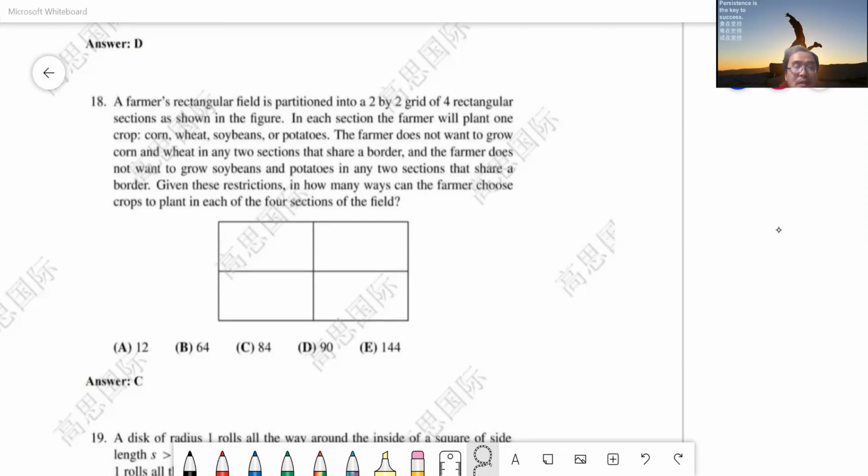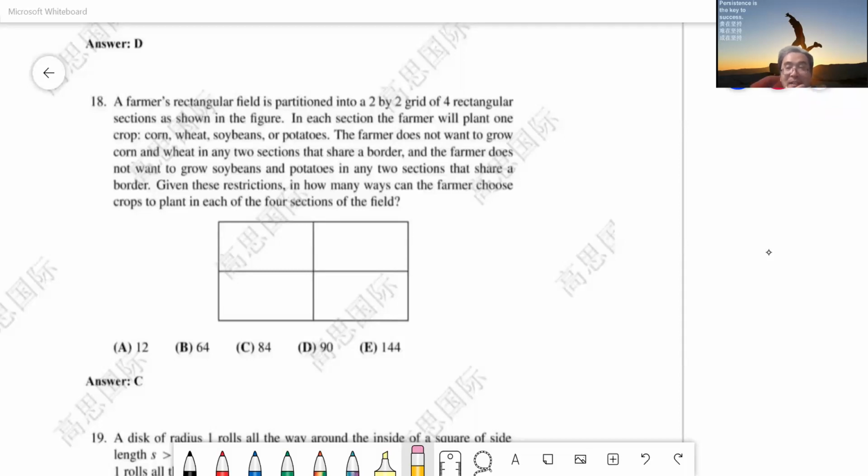And the farmer does not want to grow soybeans and potatoes in any 2 sections that share a border. Given these restrictions, in how many ways can the farmer choose the crop that is planted in each of the 4 sections in the field?